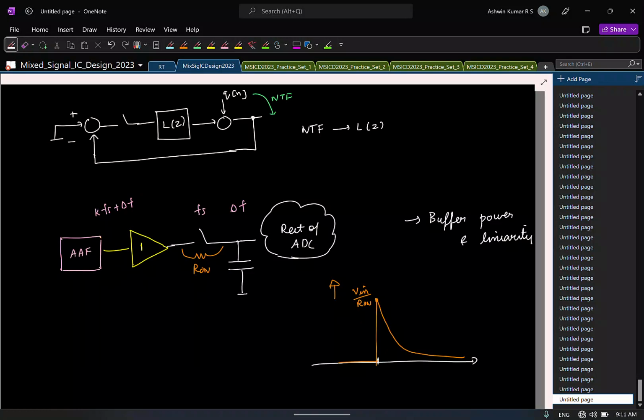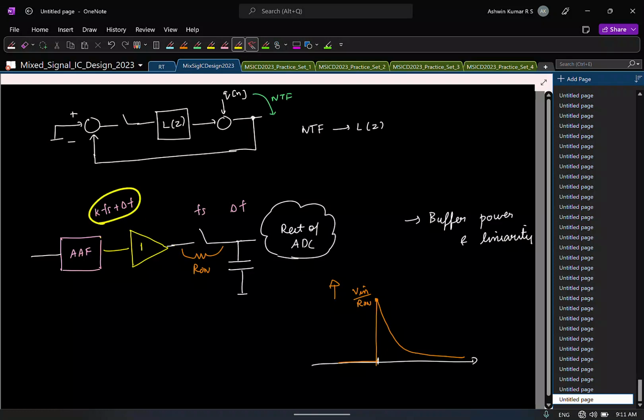So before sampling, you also have to have this. We already saw this in the first class itself, right? You have to make sure that noise or anything present at this frequency, when sampled at fs, will alias.